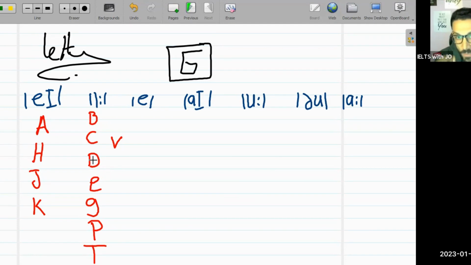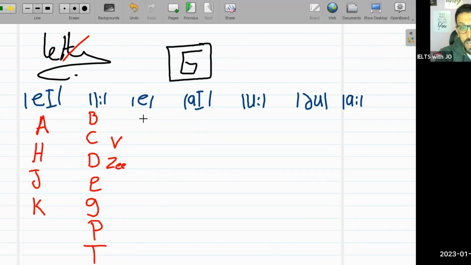But without the vowel, as I mentioned at the beginning, your tongue will be dead. And like the Canadian pronunciation, they say C, C.